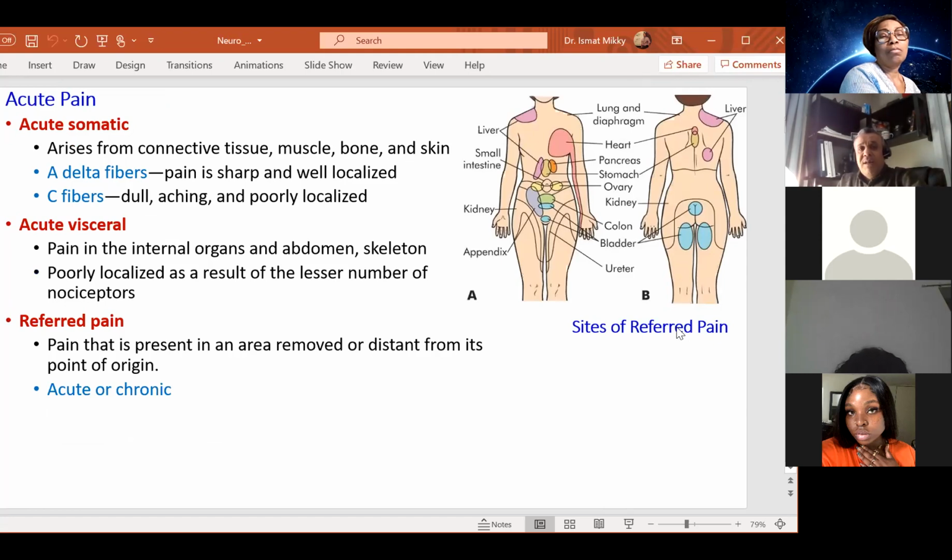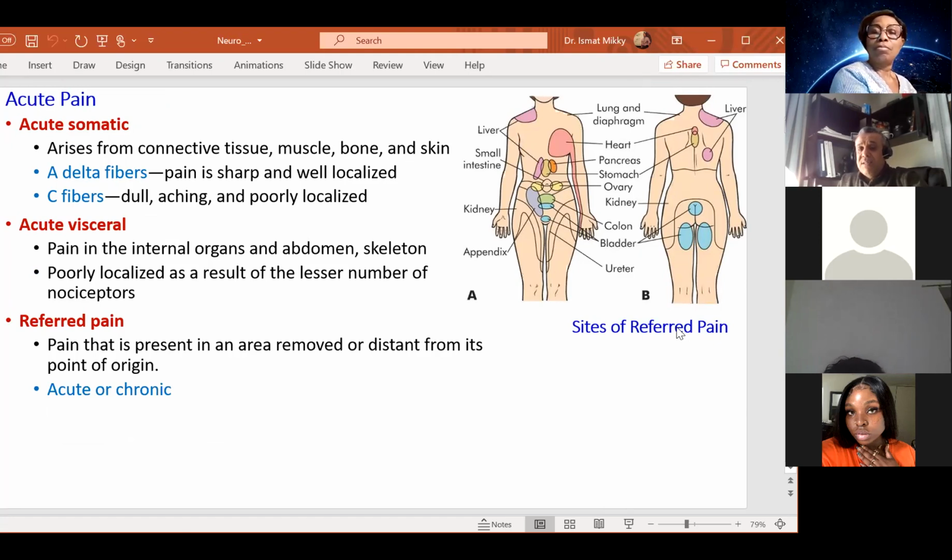Another classification of pain is acute versus referred or chronic. Acute could be acute somatic, acute visceral, and acute in terms of the duration and the time, how it's different from the chronic. Chronic is longer, it takes longer than the acute.